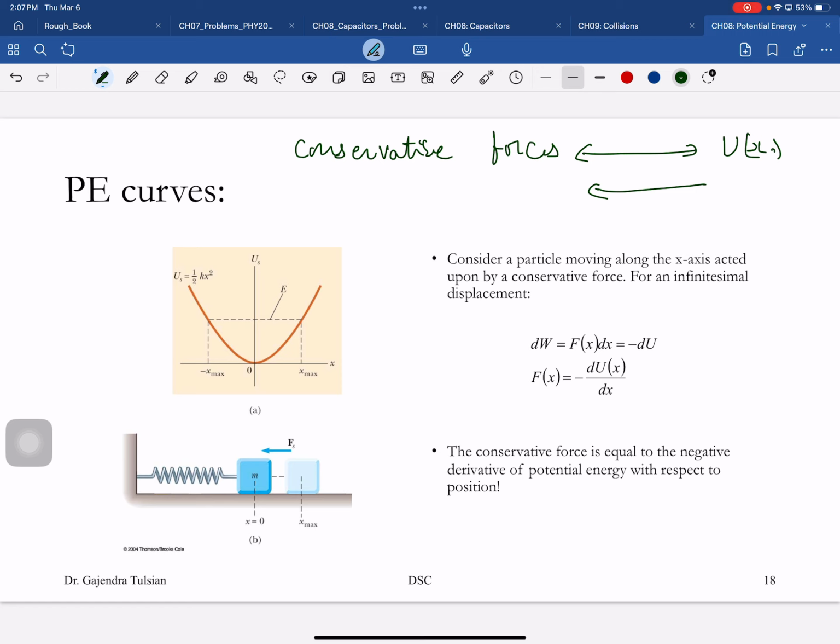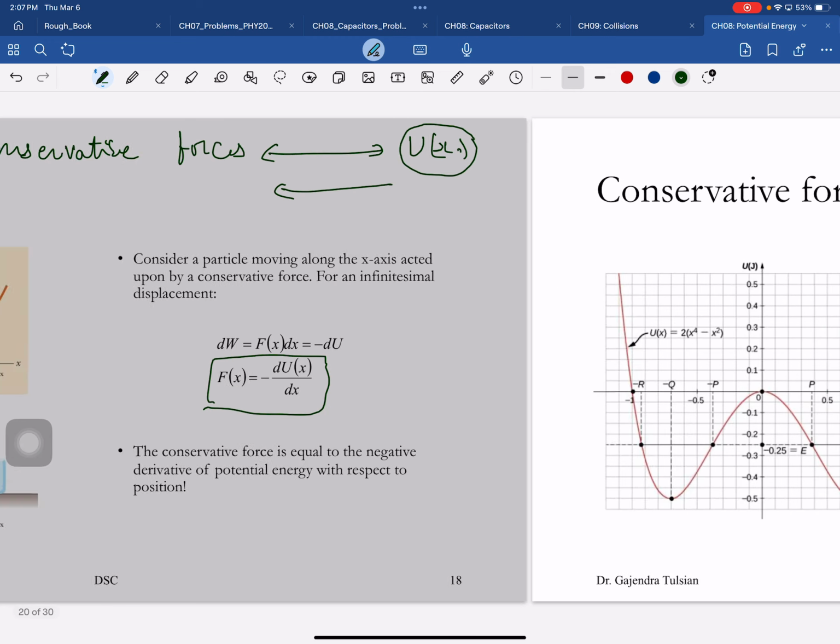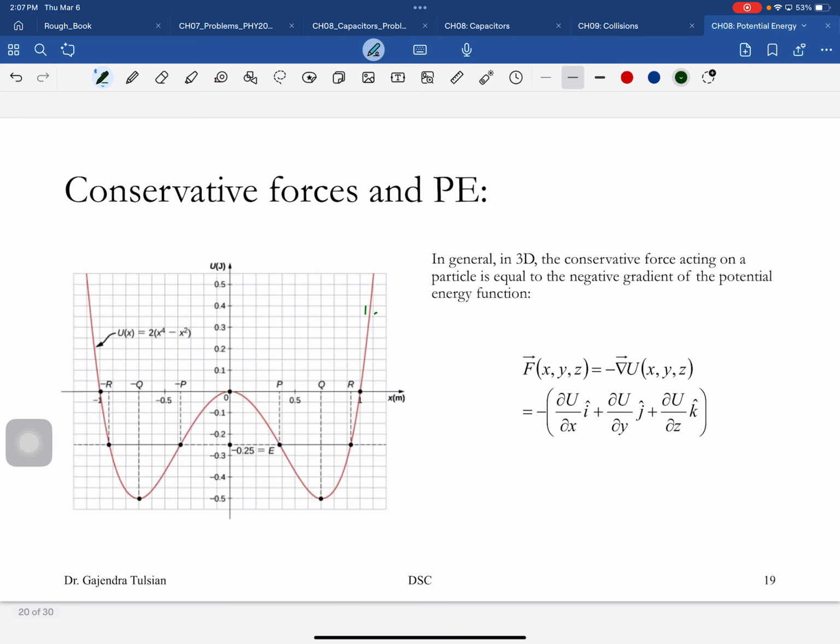The potential energy function contains information about the force. If you know the potential energy curve, you can calculate the force everywhere. That's the formula used to calculate the force. So if you want to describe the behavior of a system, giving the potential energy curve tells you all the information you need to know about the system for analysis.